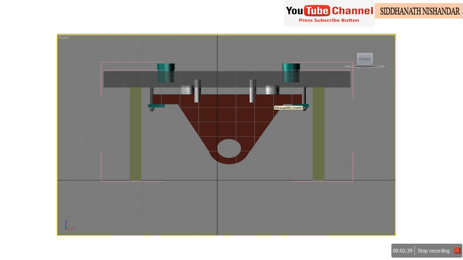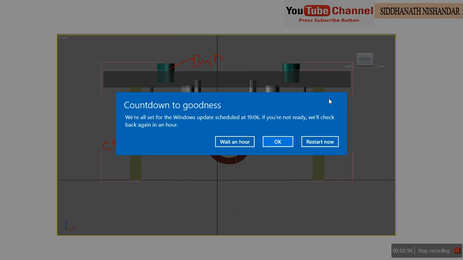This is the front view. In that view we directly draw such a drawing in the exam. This is the clamp, this is a bush, the locating pins, the rest pad.